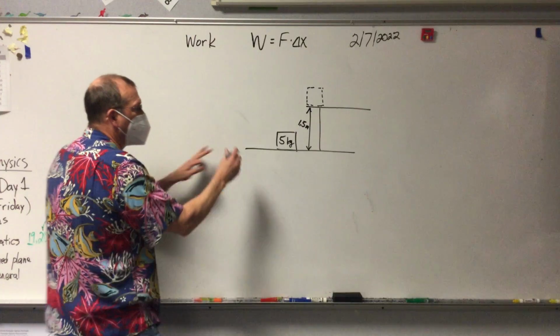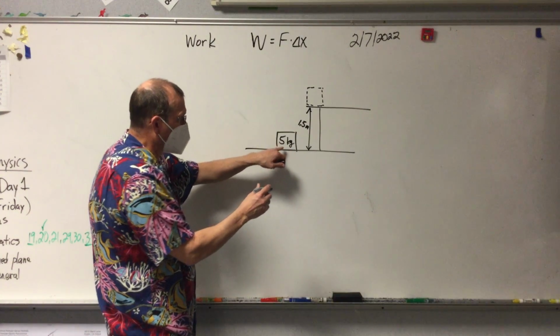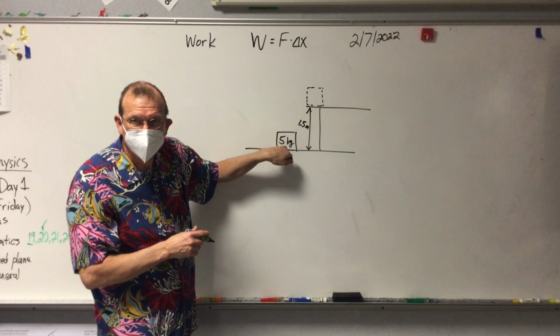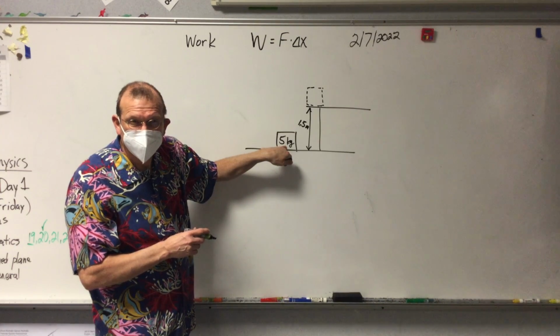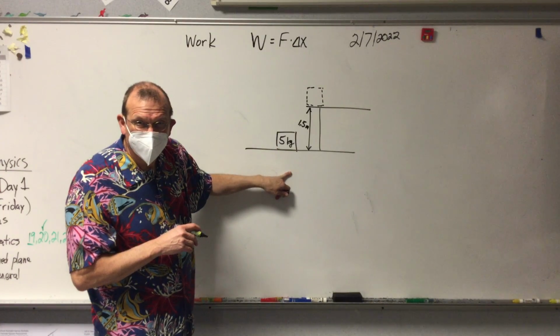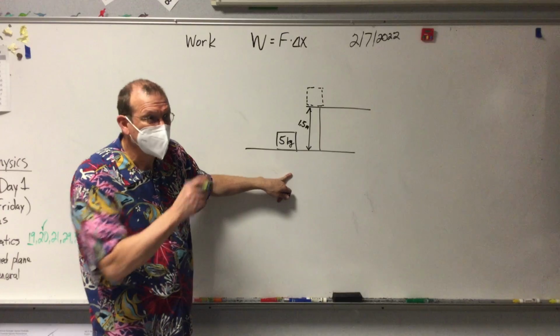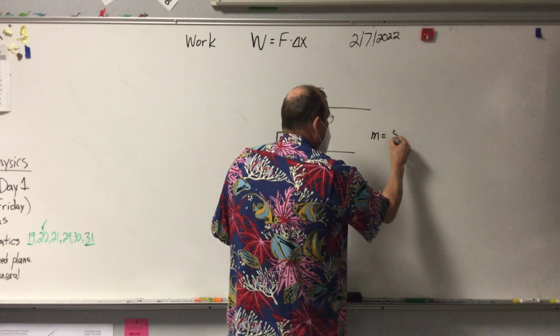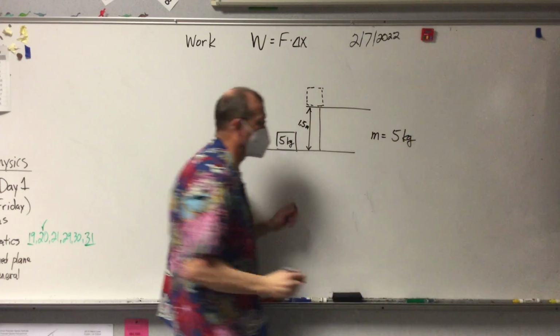So when we're looking at this, what variable is the 5 kilograms? Remember, kilograms is always the same thing. It's mass. So over here we can say mass equals 5 kilograms.